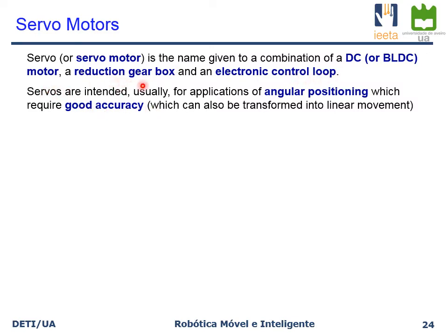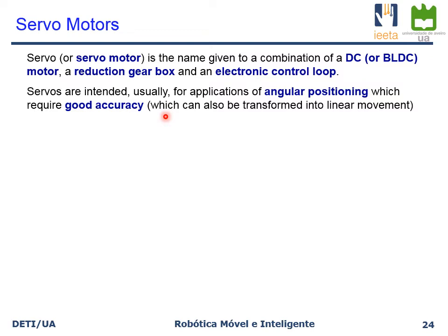Servos are normally intended for applications of angular positioning, which require good accuracy. So normally they are not designed to generate a permanent rotating movement, but rather to move an arm between two different angular positions.